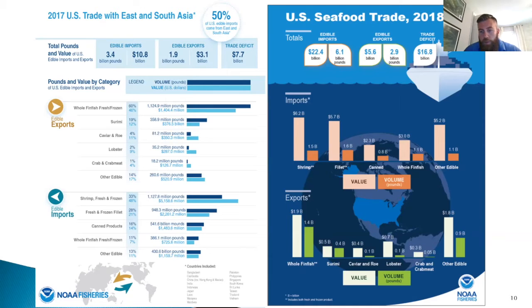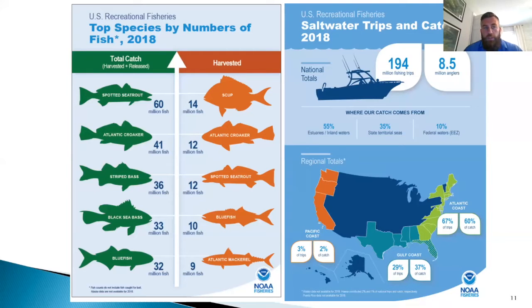There are other edible products, which are sent out for value added, essentially ingredient augmentation. But just to give you an idea of where our national performance lies in terms of trade value, that's about where we are for 2017 and 2018. So when we look at some of our recreational fisheries, which are consumed depending on the recreational angler, many of them are actually harvested for consumption.